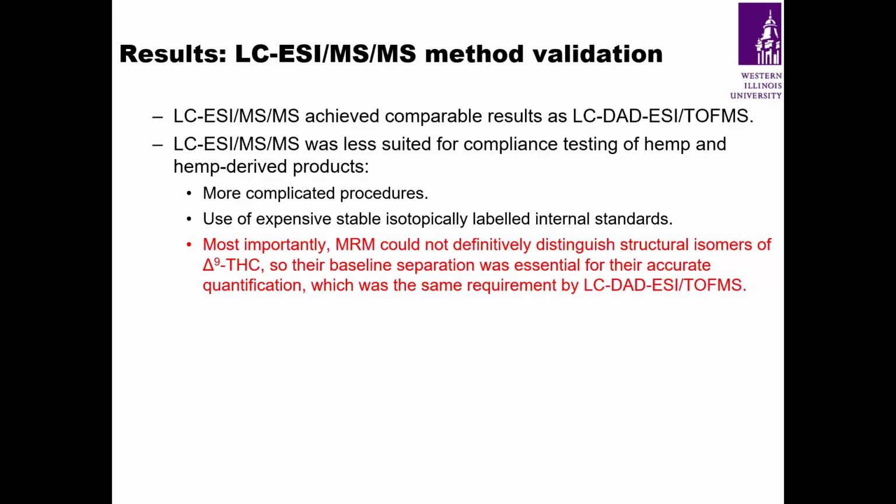We only used 6. Most importantly, MRM could not definitely distinguish structural isomers of delta-9 THC, and we had 7 of them. So their baseline separation was essential for their accurate quantification. This was the same requirement by LC-DAD, ESI TOF-MS. So why would you choose this over this?